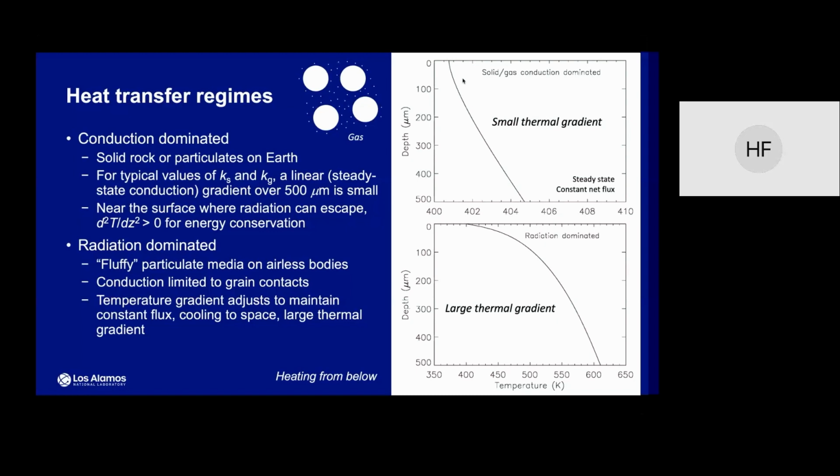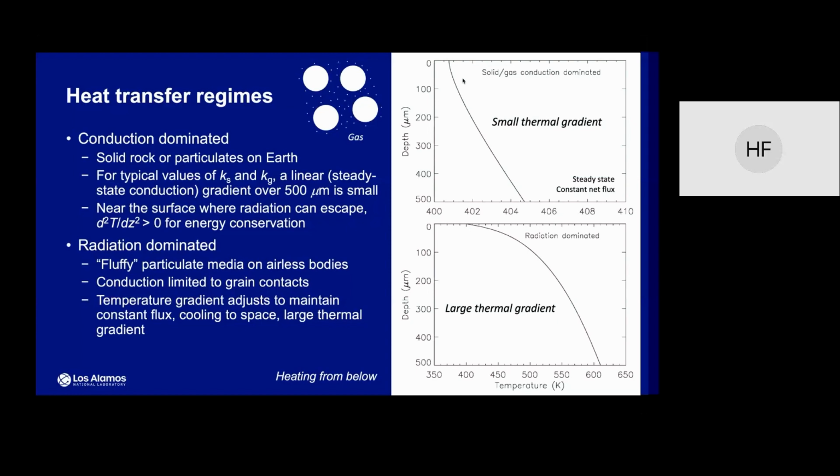For typical values of thermal conductivity, a linear thermal gradient over 500 micrometers is small, and an example of that computation is at the upper right. In addition to being small, the gradient flattens out near the surface as a result of energy conservation wherever the thermal emission is starting to escape to space.